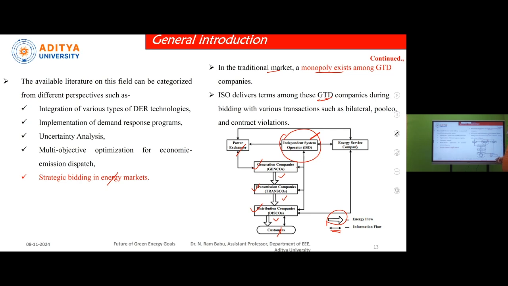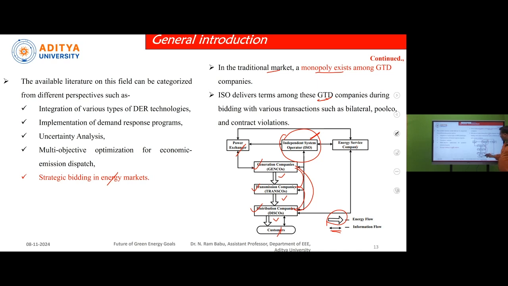So how does the communication take place? The communication may be two-way information between the power exchanger and generation companies. And here also you can observe, between generation and transmission companies, there is a communication exchange. Even between generation and distribution, there will also be a communication exchange. Even between the customers and consumers.